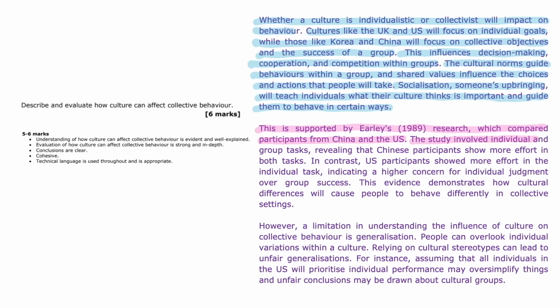The study involved individual and group tasks, revealing that Chinese participants show more effort in both tasks. In contrast, US participants showed more effort in the individual task and higher concern for individual judgment over group success. This evidence demonstrates how cultural differences will cause people to behave differently in collective settings.